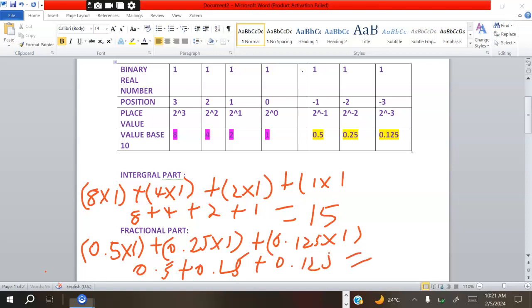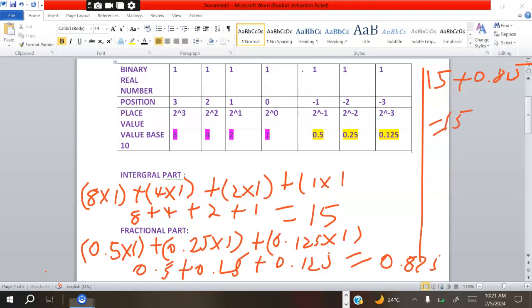I hope that you are following. When you add these, it gives us 0.875. Now, taking the integral part, that is 15, plus 0.875, this gives us a total of 15.875 base 10. So this is now the answer for this question.